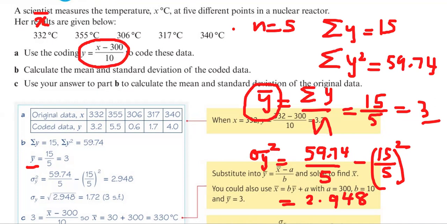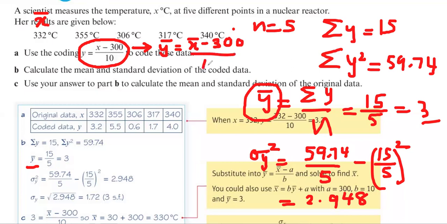Deksha has some problem now. Okay. You have to use this one, and you have to convert y bar to x bar. How to convert this one? Tell me. Y bar equals x bar over 10, minus 300 over 10.